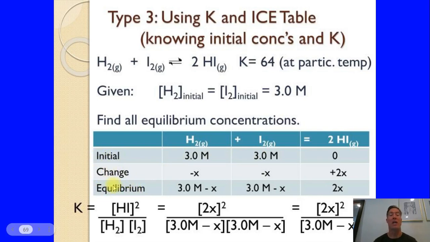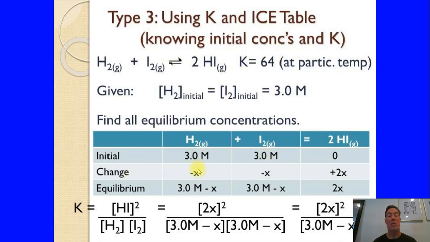So initial, change, and equilibrium. In this particular reaction, we're starting with the concentration of H2 and I2 at 3 molar each. At the beginning of the reaction, nothing's happened, so we have 0 concentration of product and a 3 molar concentration of each of our reactants.